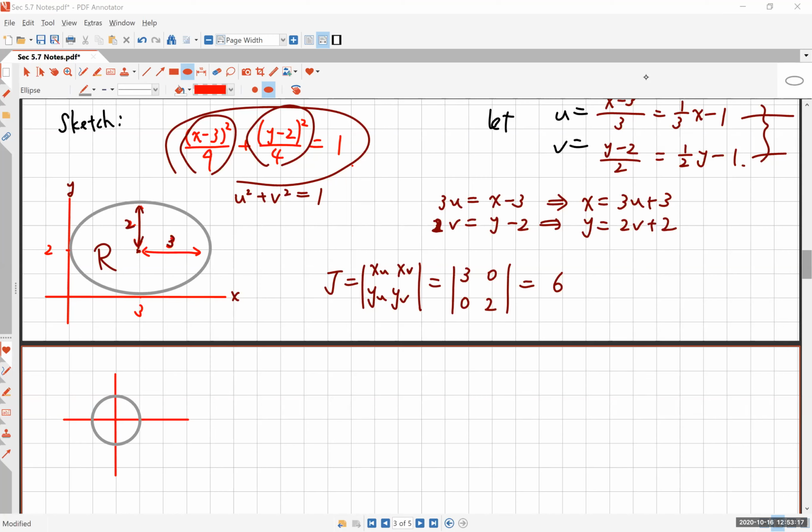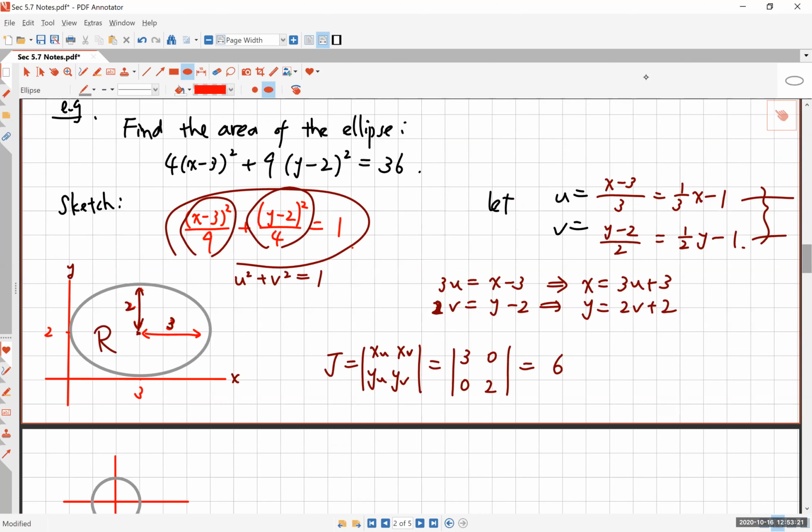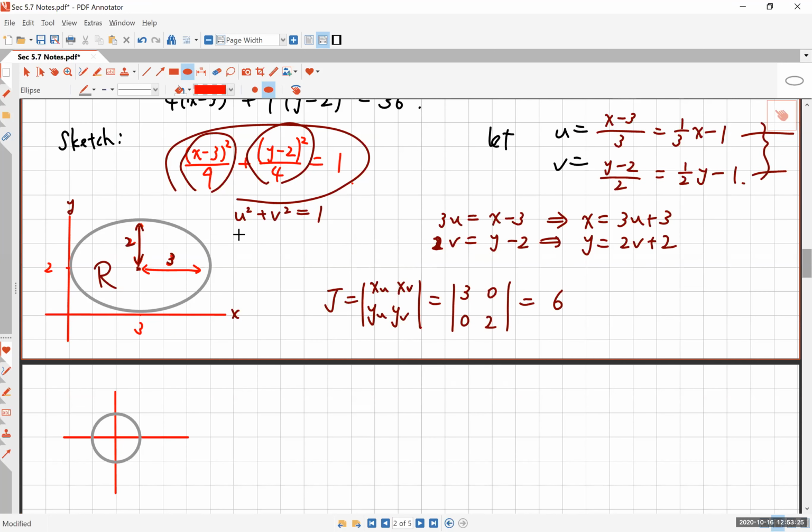In the world of x and y, the thing that we were trying to describe is an ellipse, okay? But in the world of u and v, the region of integration turns out to be defined or surrounded by the same equation, except using u and v. That's u squared plus v squared is equal to 1. What is that? Well, that is a unit circle, the unit circle in the uv plane, right?